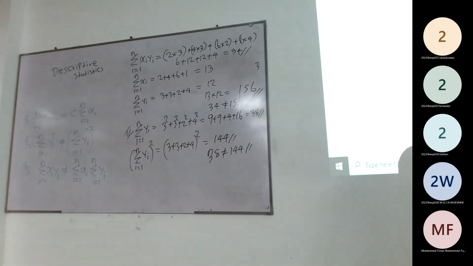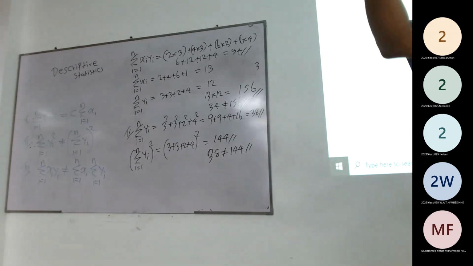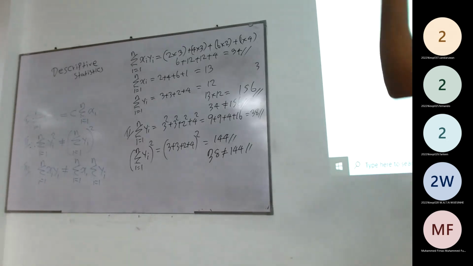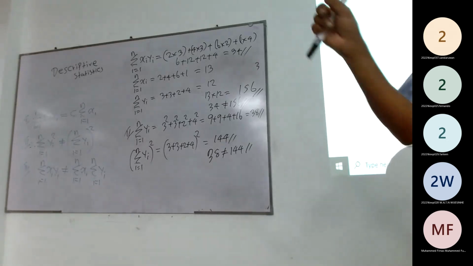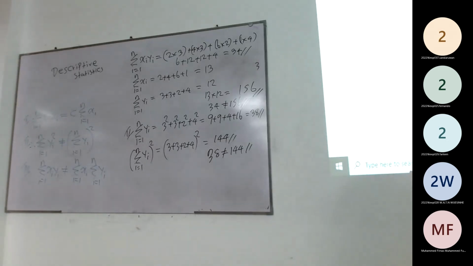If you learn these four, you are fully aware of descriptive statistics. In your research, if you want to understand the nature of employee responses, customer attraction, labor turnover, whatever it is, you study the variable's nature using descriptive statistics.